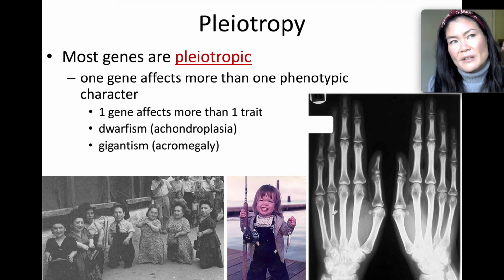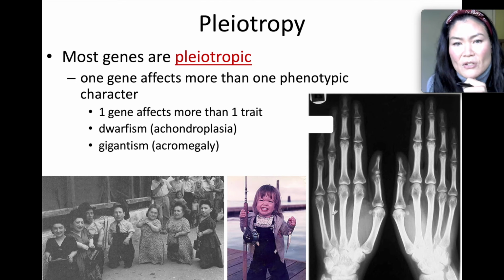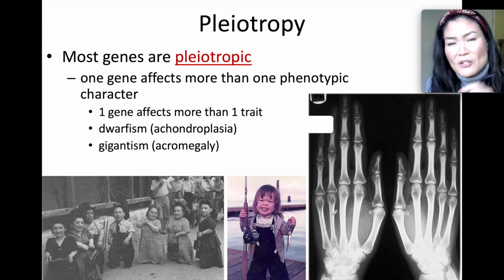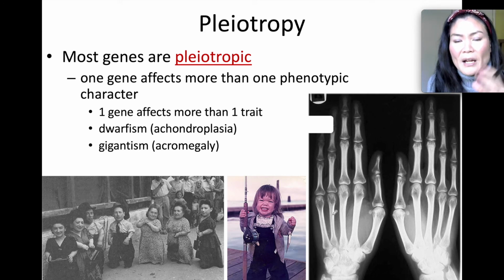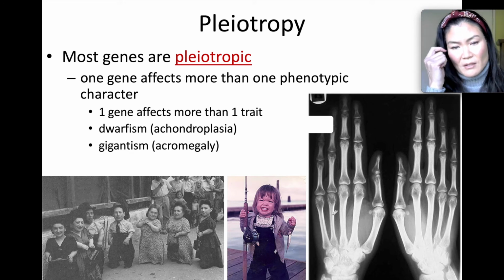Somebody with sickle cell anemia has a mutation in the hemoglobin, and because of that mutation, it changes the shape of the red blood cells, which can have multiple effects like blood clotting, stunted growth, pain in the muscle, heart problems, etc. Pleiotropy just means one gene can have a wide variety of phenotypic effects, okay?